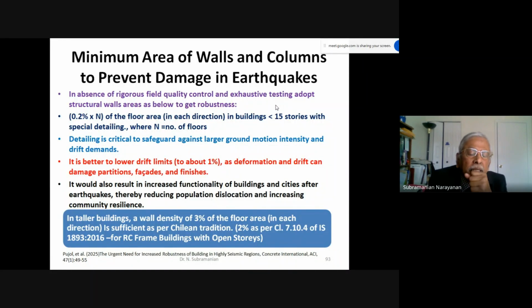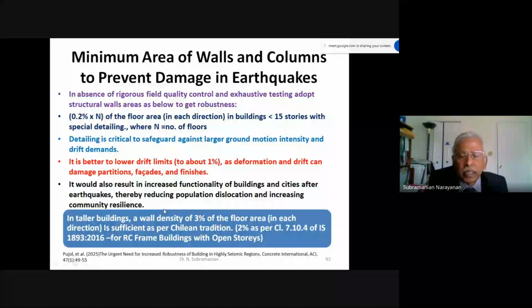So detailing is critical to safeguard against large ground motion intensity and drift demands. It is better to lower drift demands, as I told you, as deformation drift can damage partitions, facades, and finishes. It will also result in increased functionality of buildings and cities after earthquake, thereby reducing population dislocation and increasing community resilience. In taller buildings, they found that wall density of 3% of the floor area in each direction is sufficient.